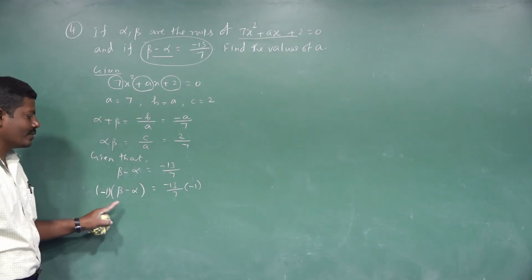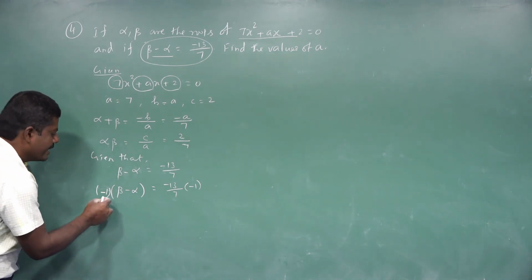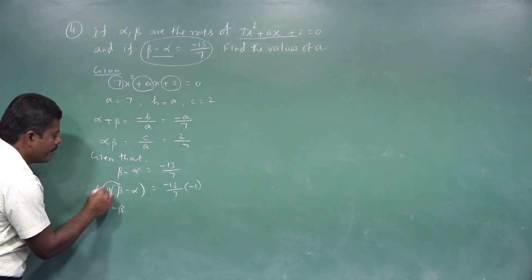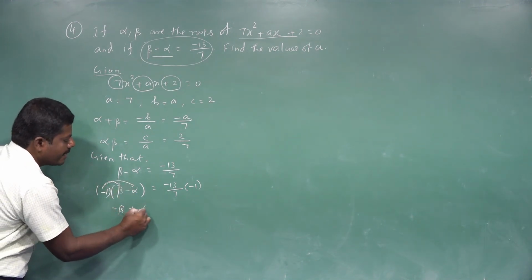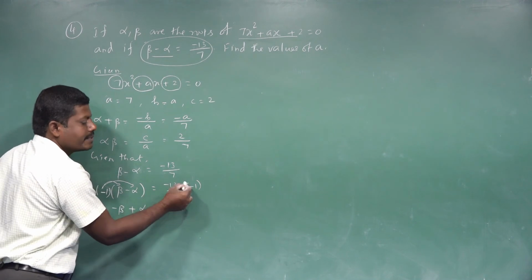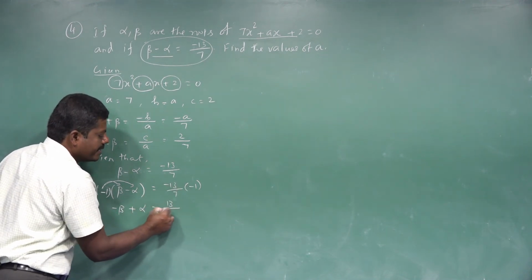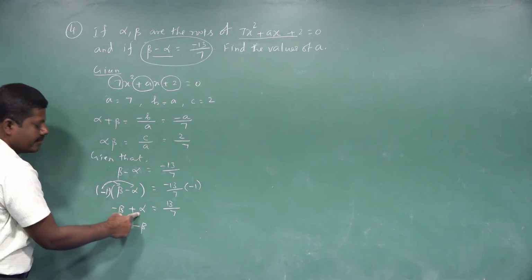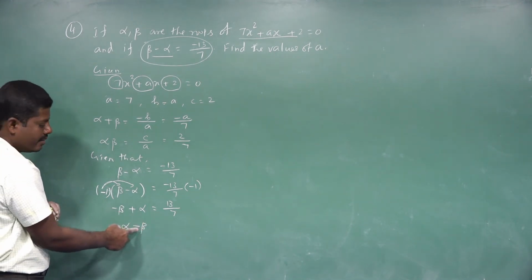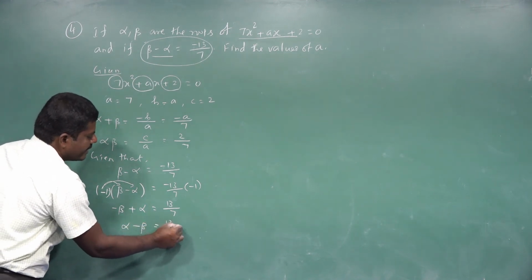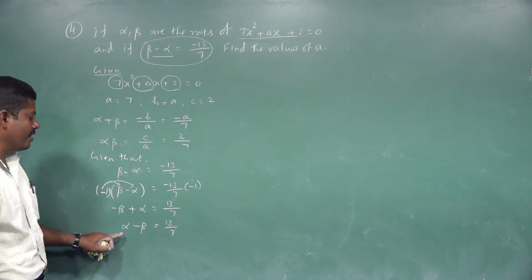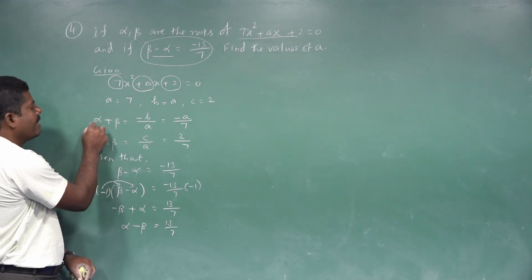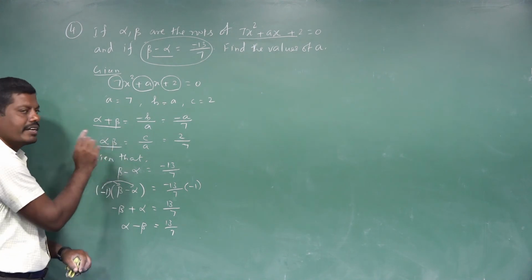We get minus beta plus alpha. Minus into minus is plus, 13 ones are 13, divided by 7. This we can write as alpha minus beta is equal to 13 divided by 7. So the value of alpha minus beta is 13 divided by 7. Understand? Now we know only the alpha plus beta value and the alpha beta value.